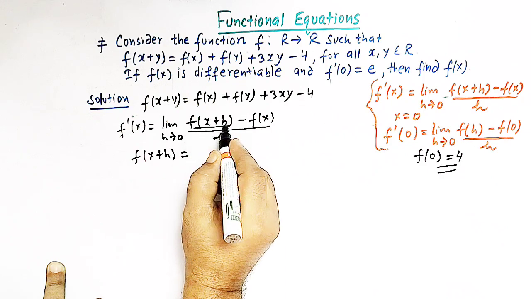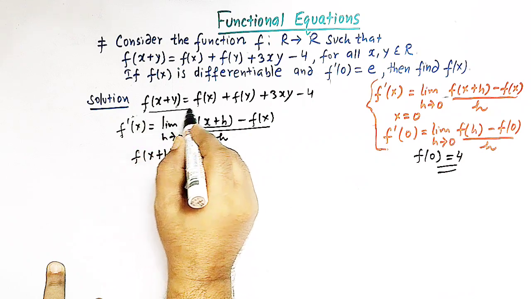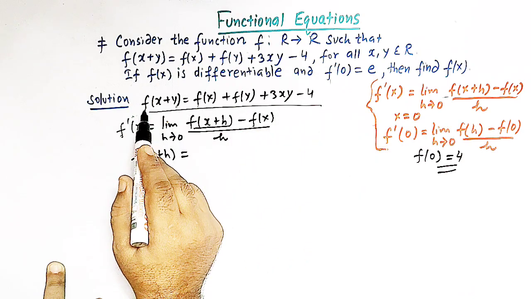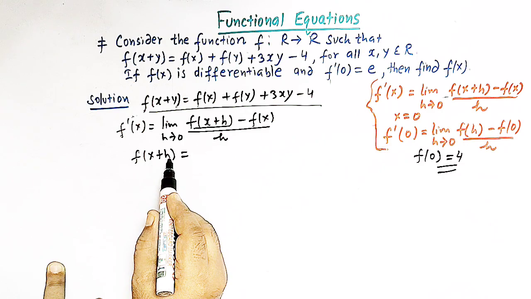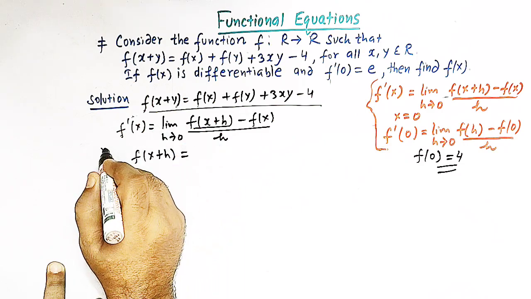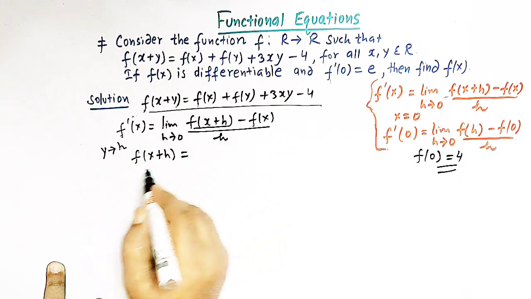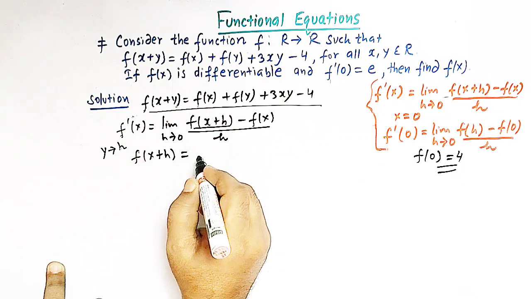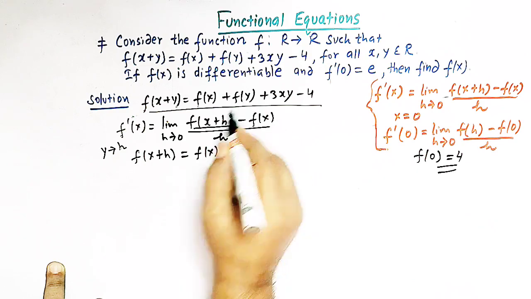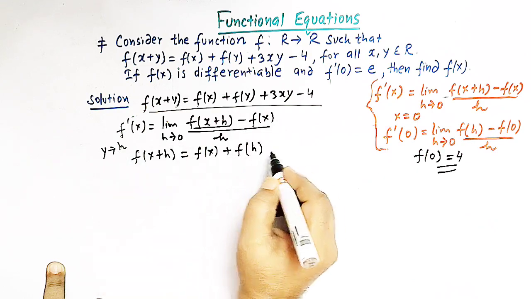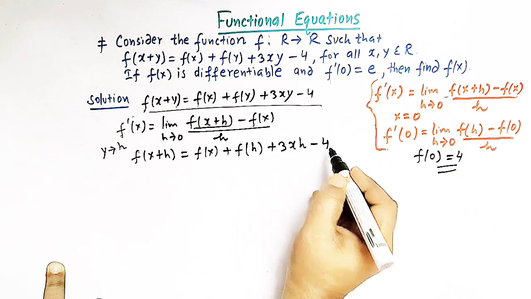So f of x plus h can be obtained by using the given equation. Here we have f of x plus y, and here we have f of x plus h. So if we replace y by h, then f of x plus h can be written like this: f of x plus f of h, y replaced by h, and here we have 3xh minus 4.